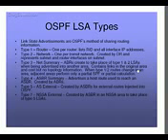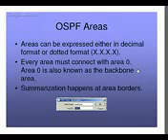So he'll create a type 7. As soon as it hits the ABR, it'll actually get translated to a type 5 and then sent out to the backbone area or what have you. I know that seems confusing, but hopefully a little bit of that sticks. I'll reiterate those a little bit later. I'll talk about them again.